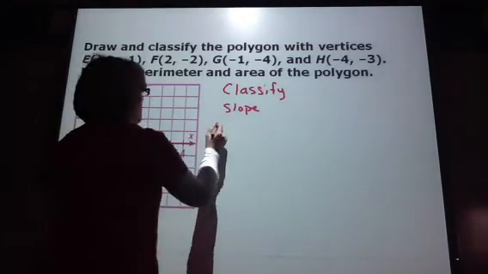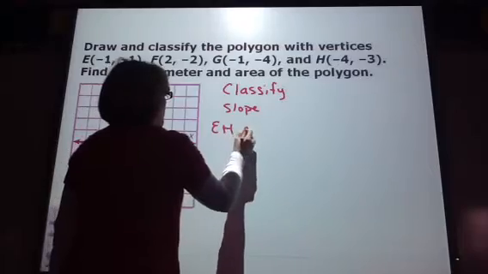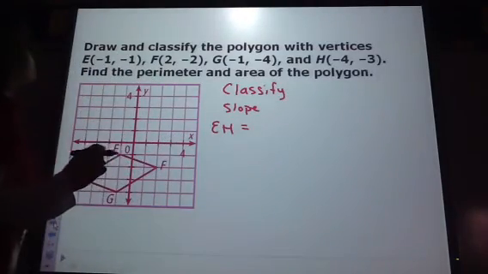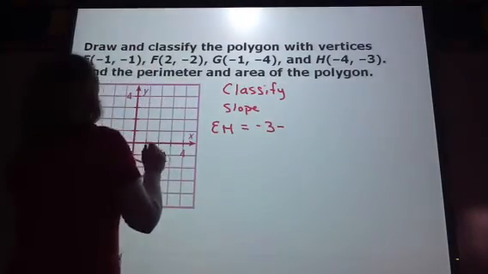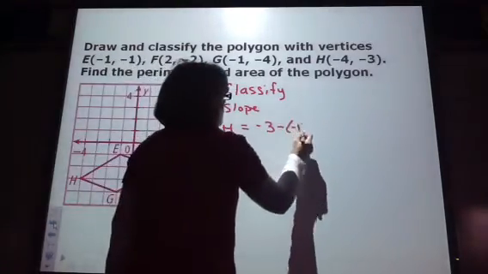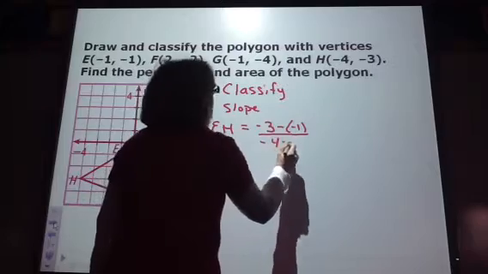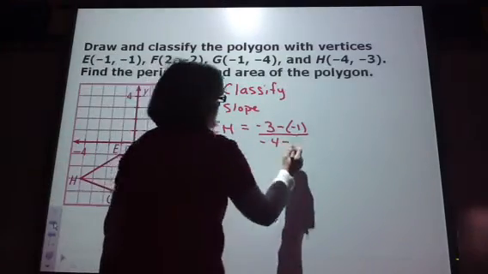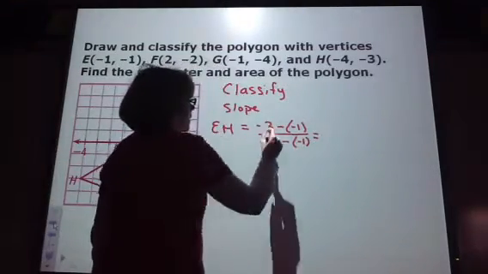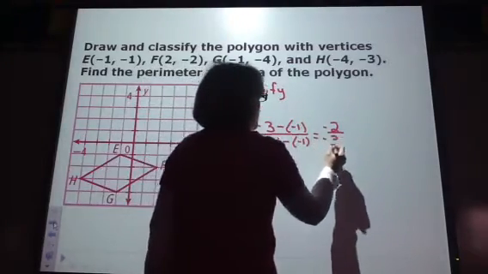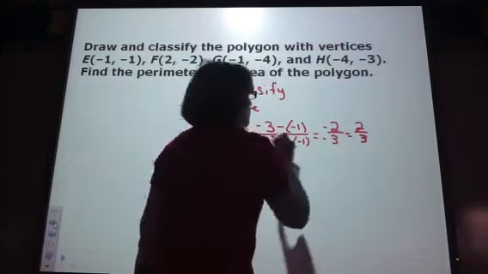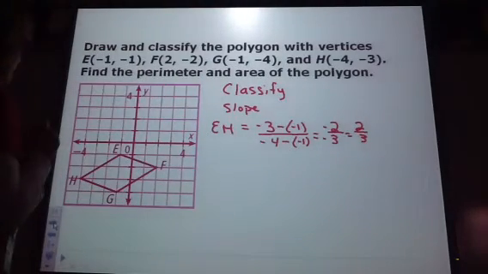So if we do slope of EH, we have -3 minus -1 over -4 minus -1. So that's -2 over -3, which is a positive 2/3. Okay?